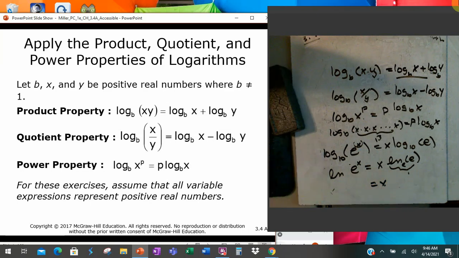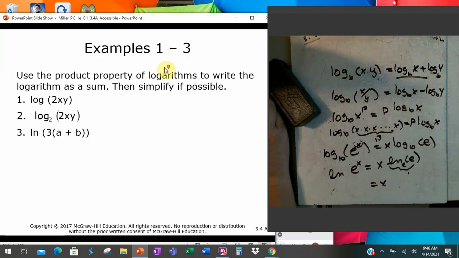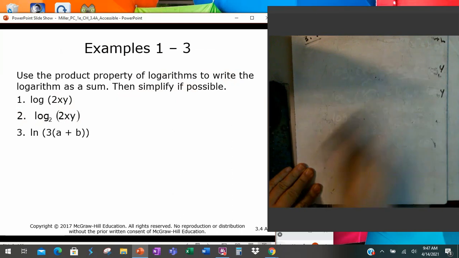So let's look at some other stuff as we go. Use the product property of logarithms to write the logarithm as a sum, then simplify if possible, okay? I'll show you what that means.